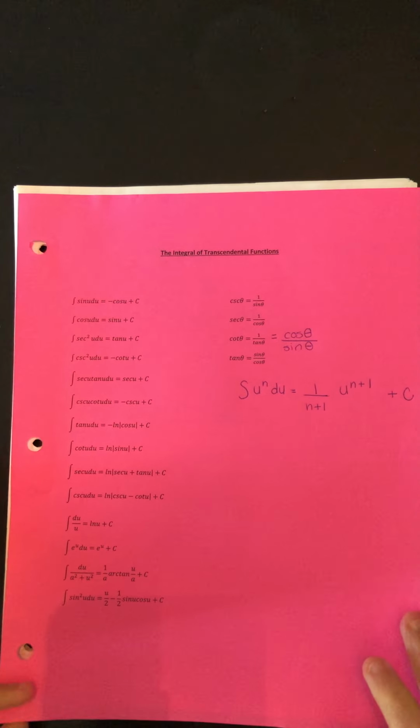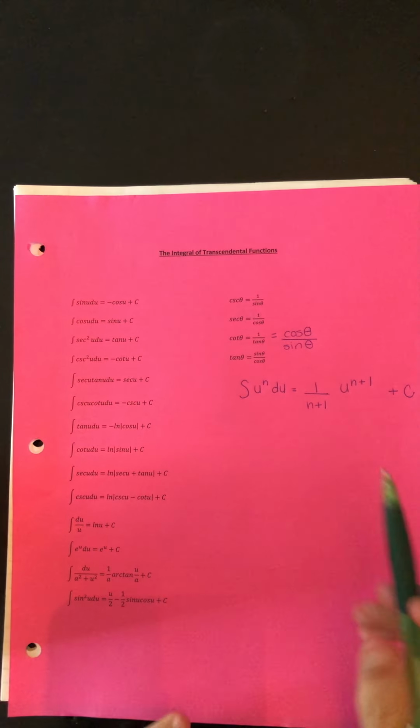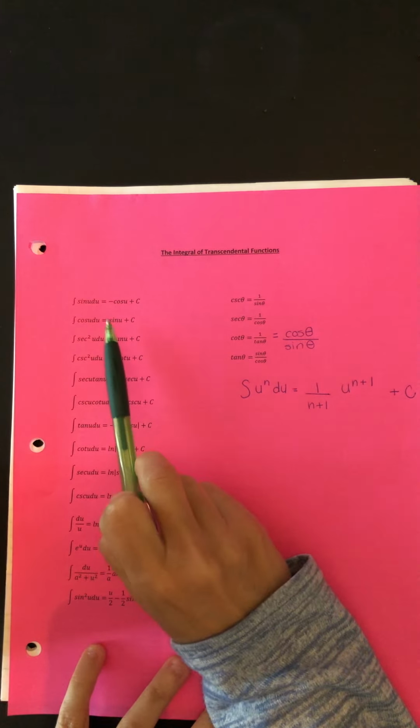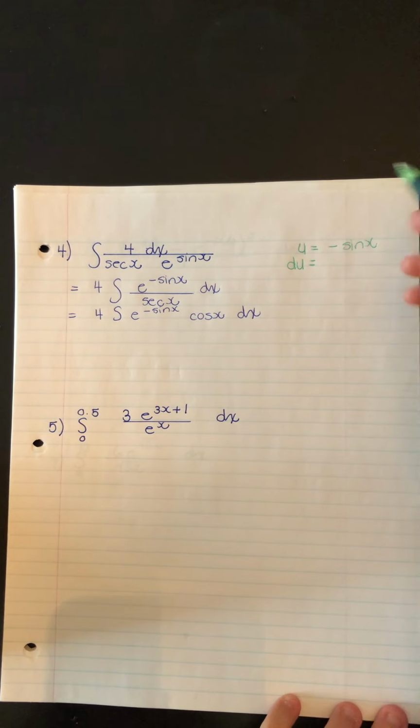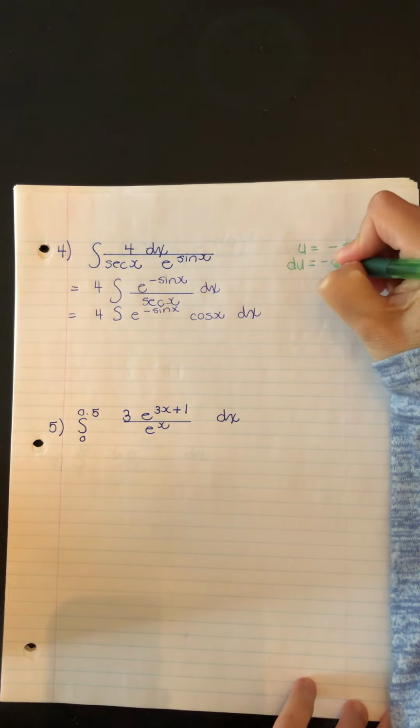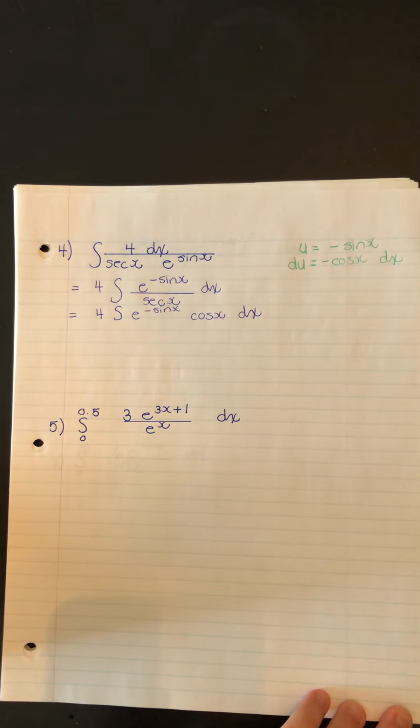If you wanted to find that here, remember you look in the right side for derivatives. So here's sine x. So if I read this to the left, I can see the derivative of sine x is cos x. So this means the derivative of negative sine x is negative cos x. Okay, so now we have du correct.